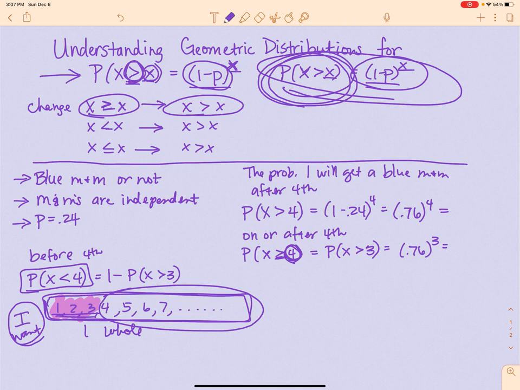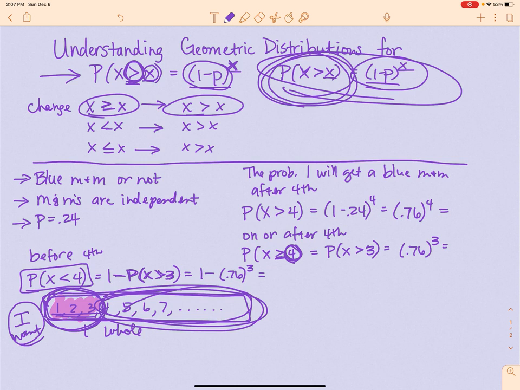So 1 minus everything bigger than 3 will leave me with what I want. So 1 minus the probability X is greater than 3. That is what I would do. So 1 minus 0.76 to the third. And so that's what I would type into my calculator.